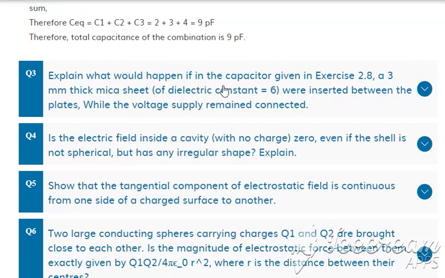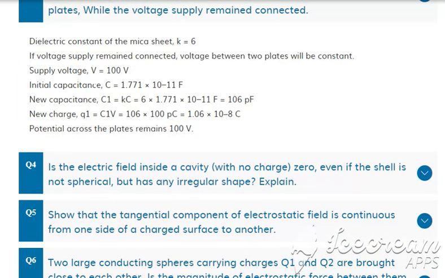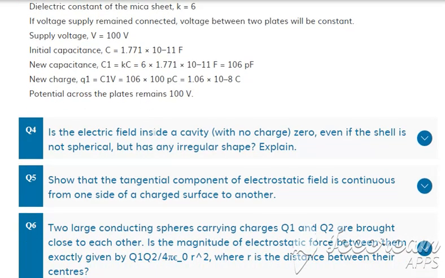The value of the dielectric constant would be multiplied with the capacitance. So if the voltage remains constant, let us say 100 volt, and the initial capacitance was 1.7771 multiplied by 10 to the power minus 11, the new capacitance would be k times of this, that is 6 into this. Now if I want to find the new charge, the formula of charge is CV, so you just put the values of C and V and you get the answer.